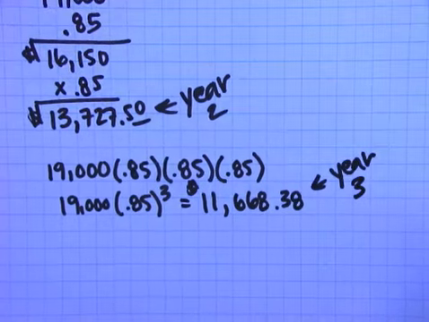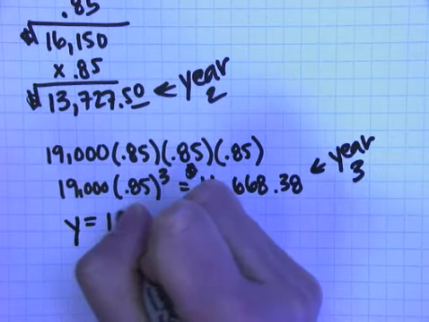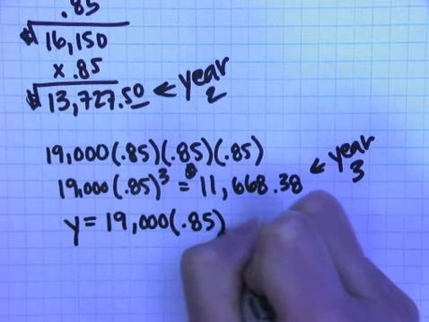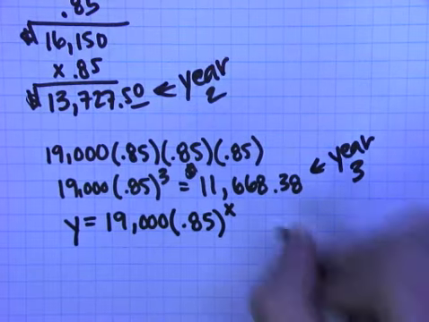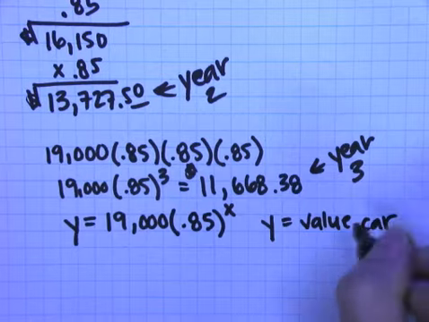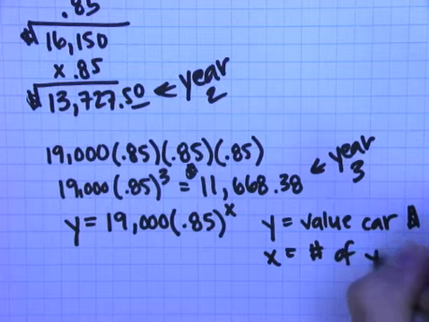Well, that leads us to a more general equation. We could say y equals the original amount of my car times 0.85 to the x power, where y is the value of the car in dollars, and x is the number of years that have passed.